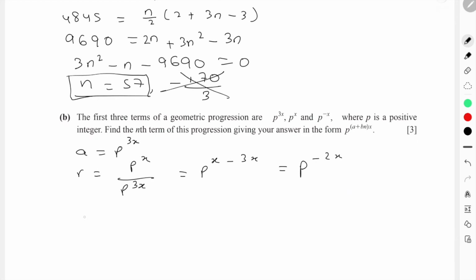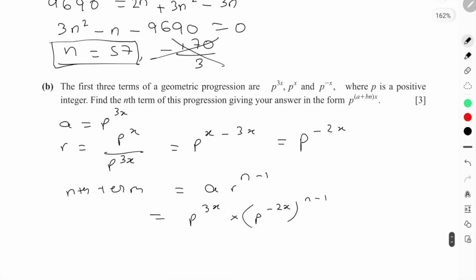So the nth term is basically a into r to the power of n minus 1. So a is basically p to the power of 3x into r to the power of n minus 1.